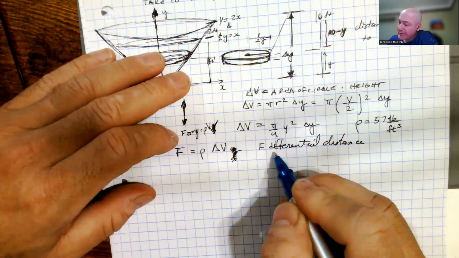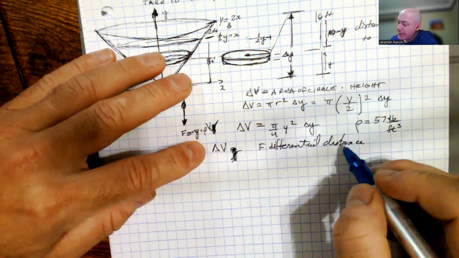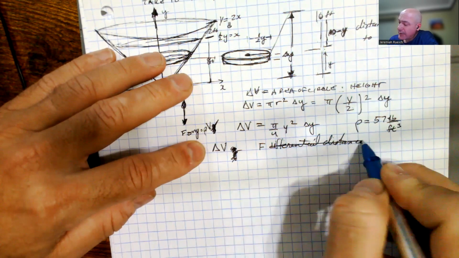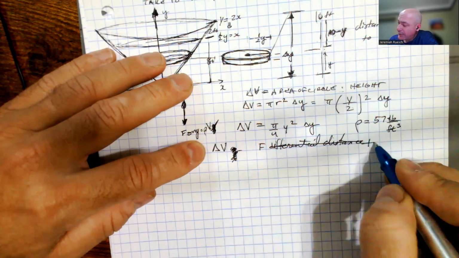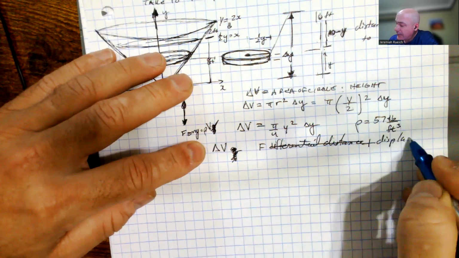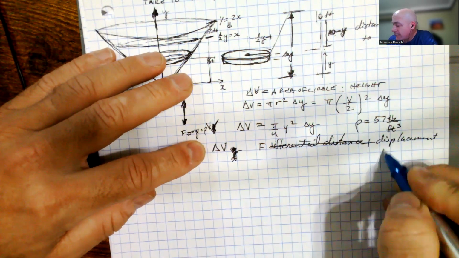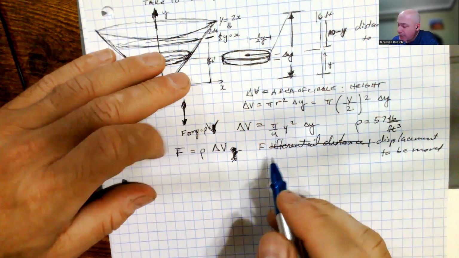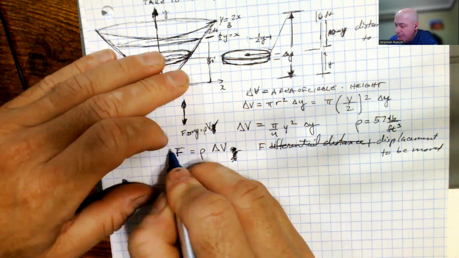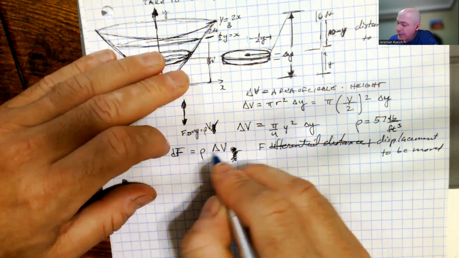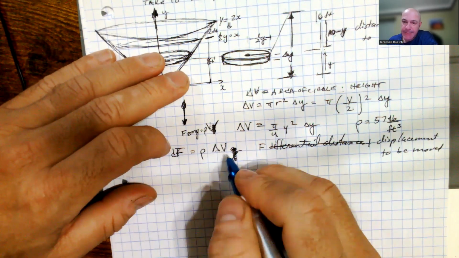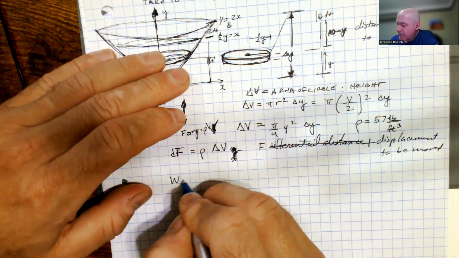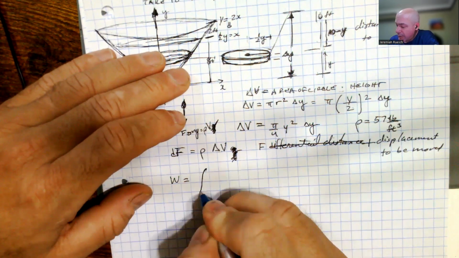I guess it's not the differential distance per se, because the differential is in the height, but the perpendicular distance or displacement to be moved. There, I feel better. So then I should really call this dF, and this should really be a dV, especially in the limit as I add up all of these things. Then the work done is going to be equal to the integral.